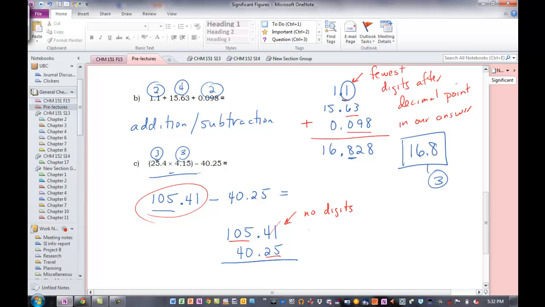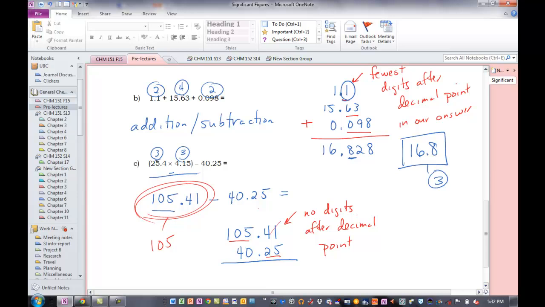Are you with me? Okay? Because if I were to round at this step, I would round this number to 105, 3 sig figs. There are no digits after the decimal point, so in my answer when I subtract 40.25, I'm not going to carry any digits after the decimal point either.